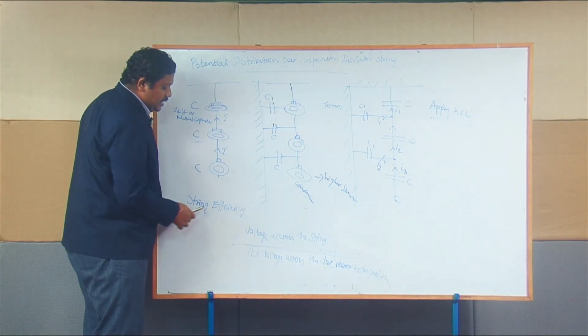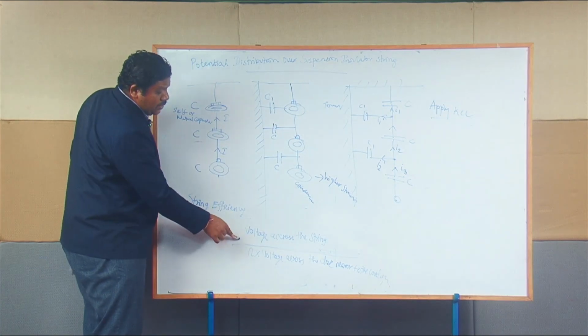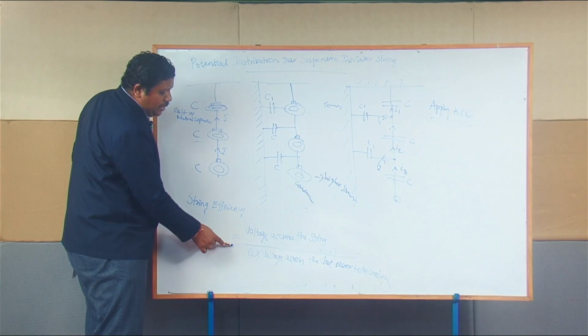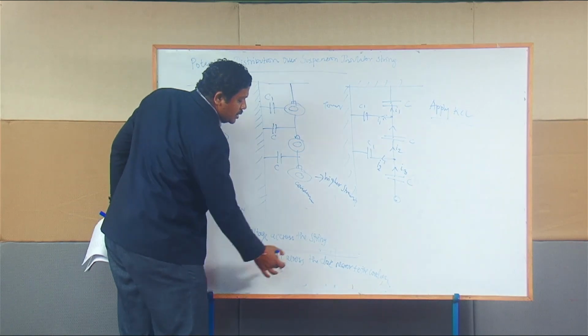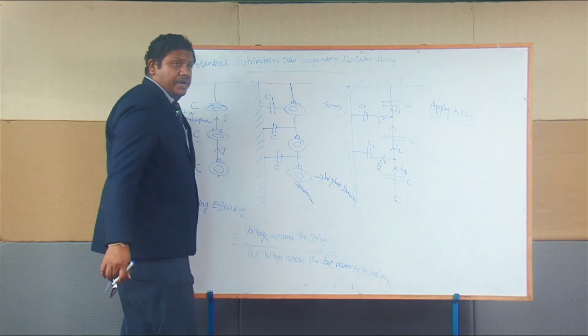So it is given by the total voltage across the string divided by the number of discs into the voltage across the disc nearer to the conductor.